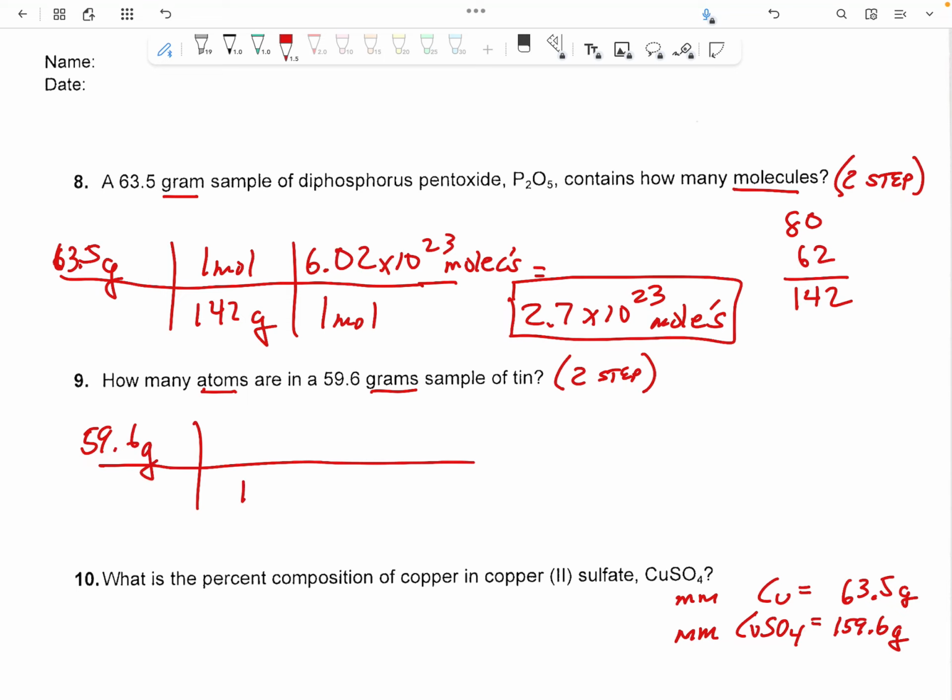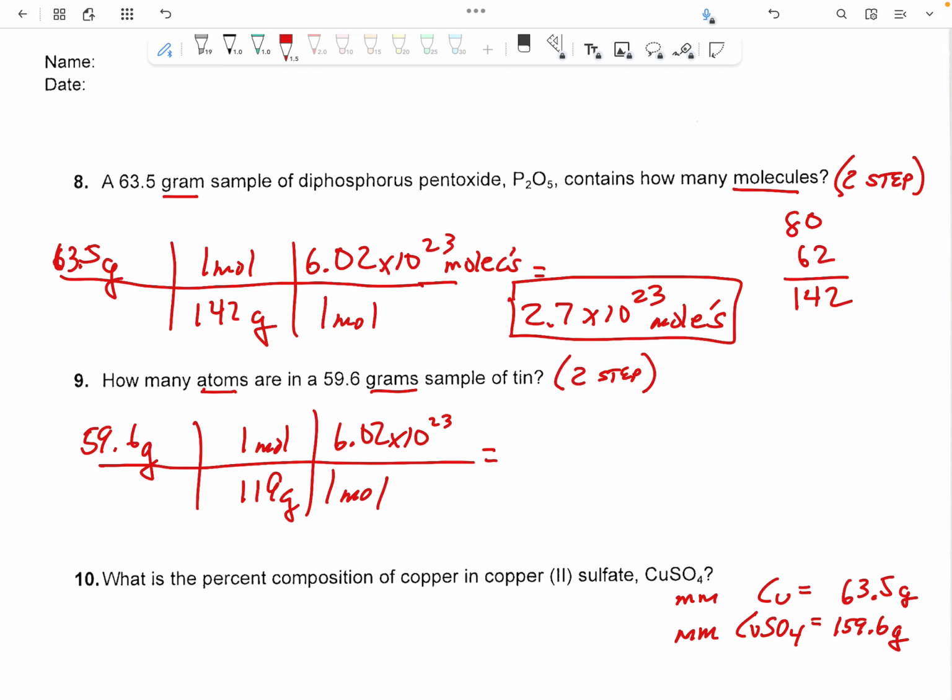We'll make it 119 grams, and put 1 mole on top. Then we put 1 mole back on the bottom because our flow chart tells us that, and then Avogadro's number on top.